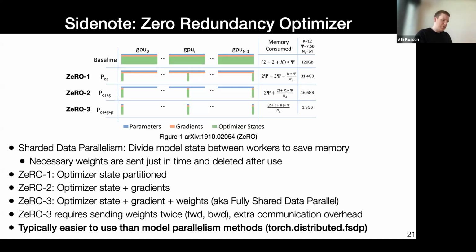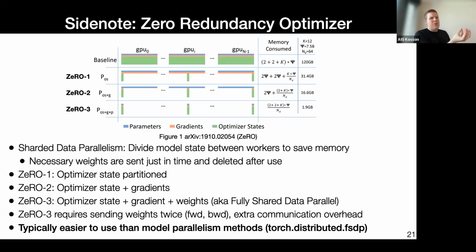As soon as they process this layer, they all delete it, so they only keep the weights for one layer in memory at a time. You need those weights again for the backwards pass, so the same GPU that has been assigned these model weights sends them again to all the other workers to allow them to process the backwards pass in the same way.